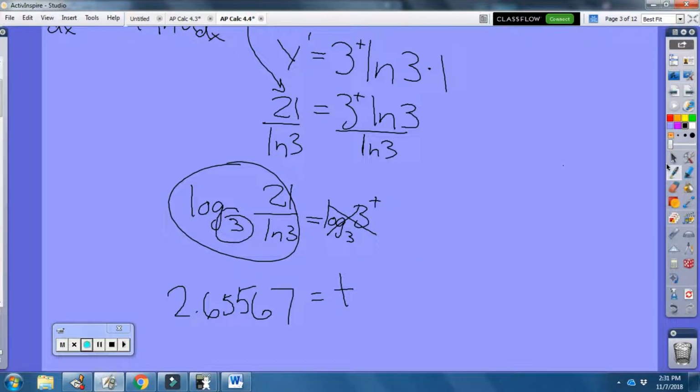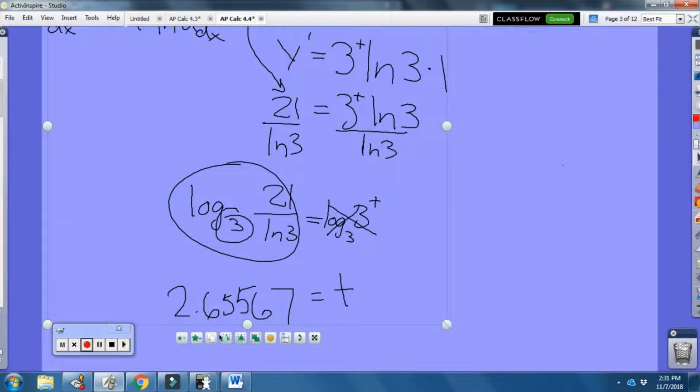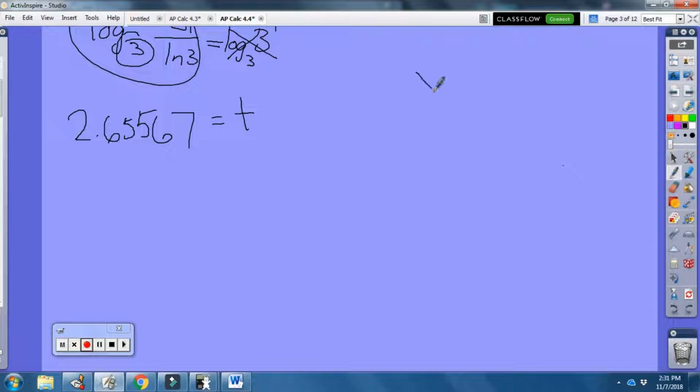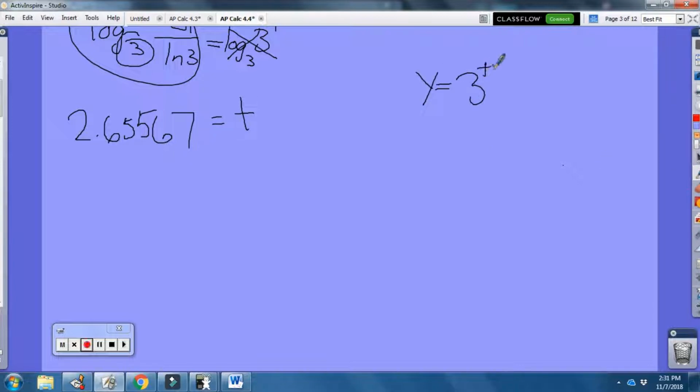But this problem, I'm not quite done. The problem asked for a point. It did not just ask for the value of t. So all I have to do here is find the y based on my original equation, 3 to the t minus 2. So we just type that in, y equals 3 to the, I held the answer in my calculator, so I wrote a and s there, but it was 2.6556, minus 2.